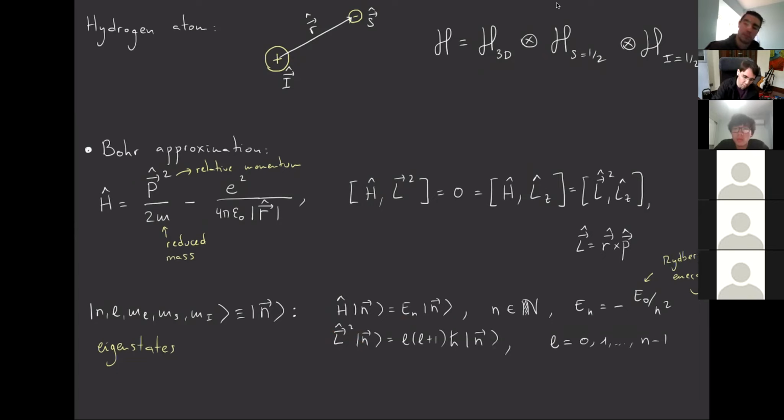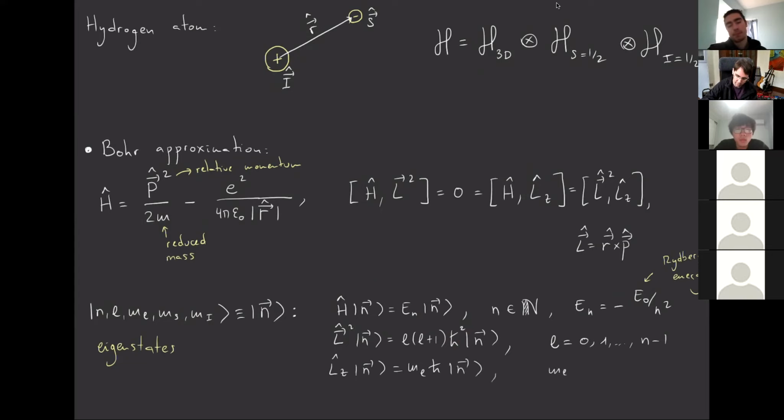On the other hand, if you apply LZ, then you get the quantum number ML. Sorry, this is h bar squared because we have L square, so we need units of action squared. Then LZ has ML h bar as eigenvalue.